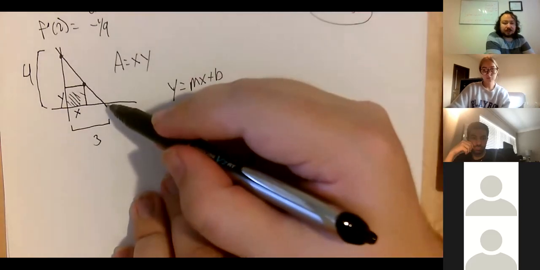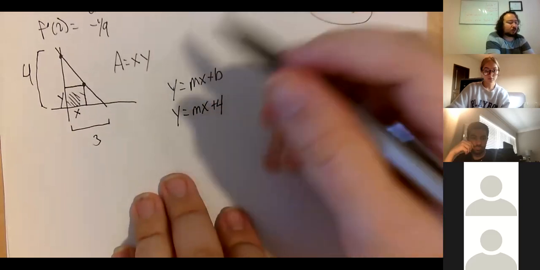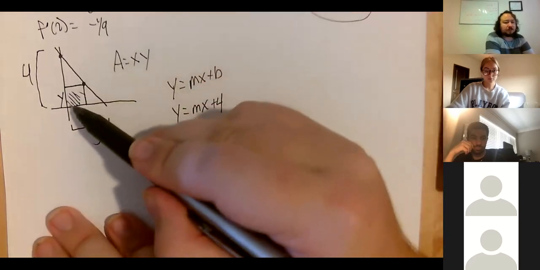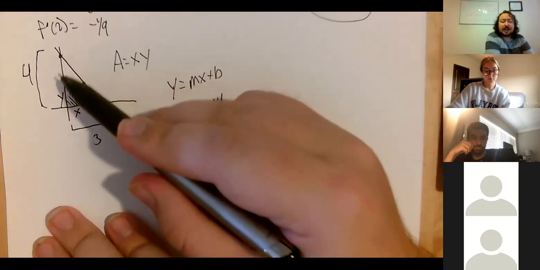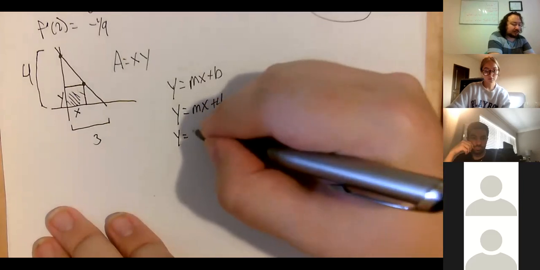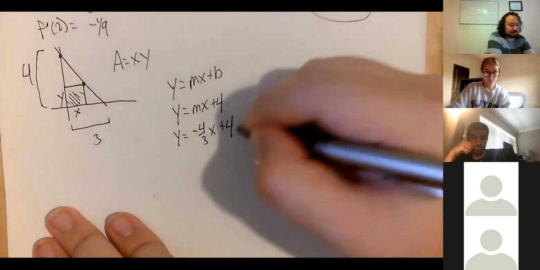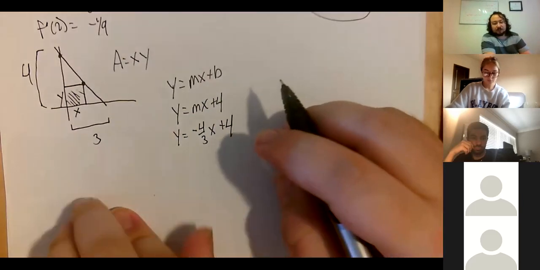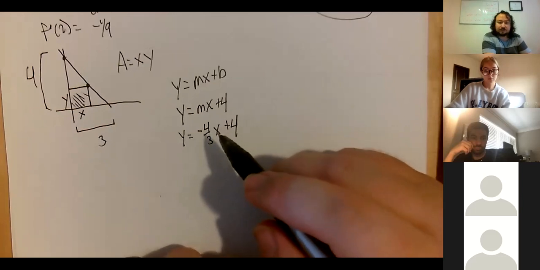We could plug in the point (3, 0), and then see what m has to be. Or we could observe that if we move over 3, so we have a run of 3, we end up going down by 4. So this means that our slope has to be -4/3. All right, so there we go. However we do it, this is going to be the equation of our line here.